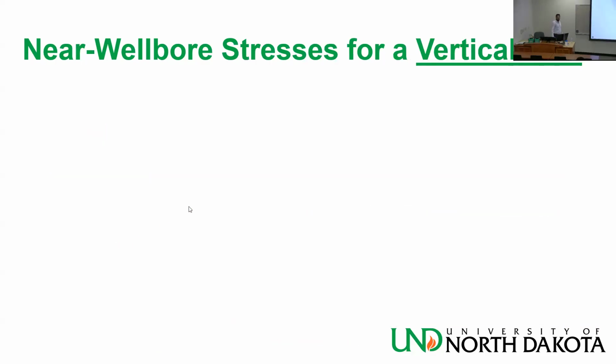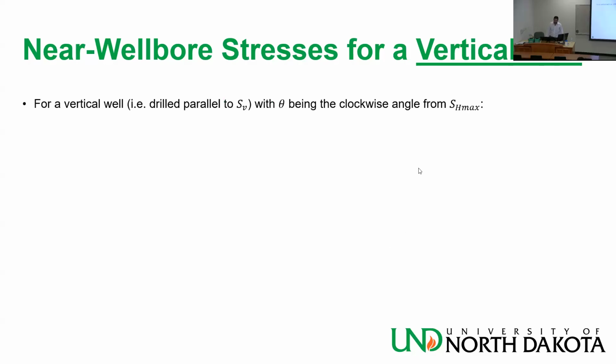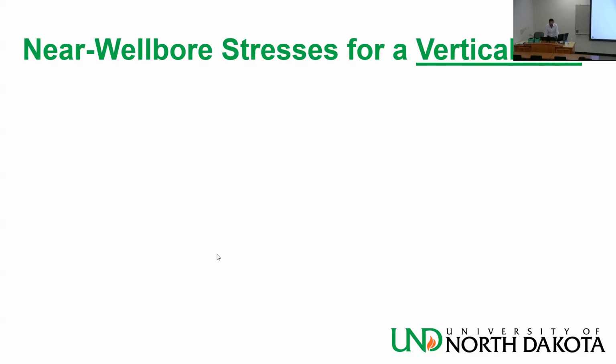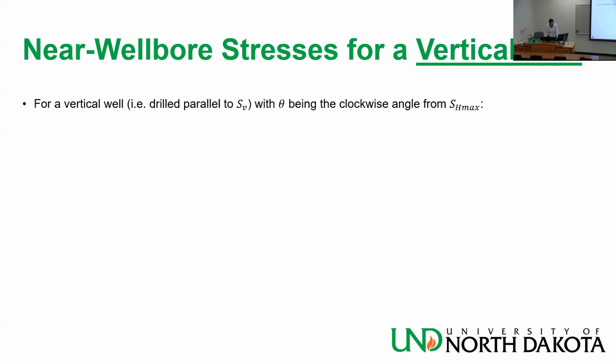So, very quickly, let's see the stresses for a vertical well. Okay, I have a vertical well. It's a vertical well, so it's drilled parallel to SV, okay? Let us take angle theta, being a clockwise angle from SH max. So theta equals 0 is aligned with SH max. Exactly, it's basically what I have here.